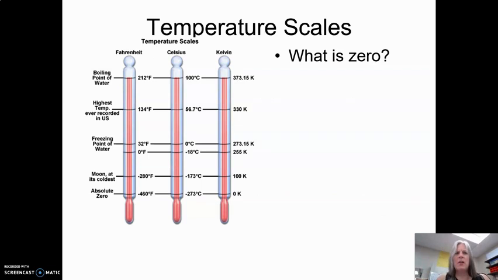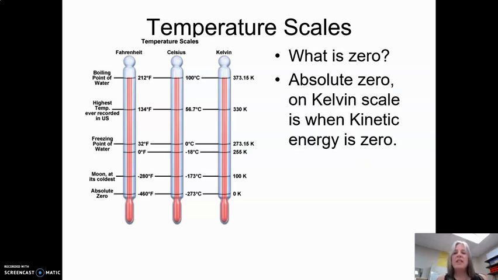So let's talk a little more about Kelvin. We in the US work in Fahrenheit. In science classes, you always measure temperatures in Celsius, but we have to measure at Kelvin. Look at what is 0. Notice that 0 Kelvin is when kinetic energy is 0.